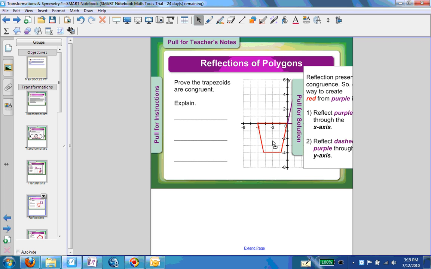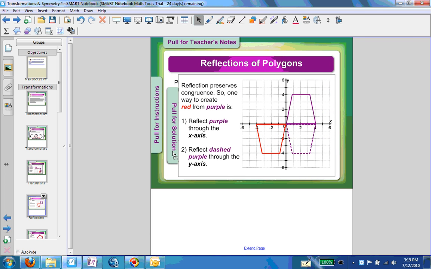So if we look at the solution, it says reflect the purple through the x-axis, which means we flip it straight upside down. So we keep the vertices that are on the x-axis where they are, and then the vertices that are off of the x-axis, we move the same exact distance from the x-axis down below, and that keeps our polygon congruent.